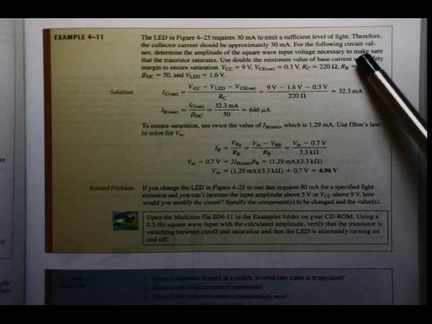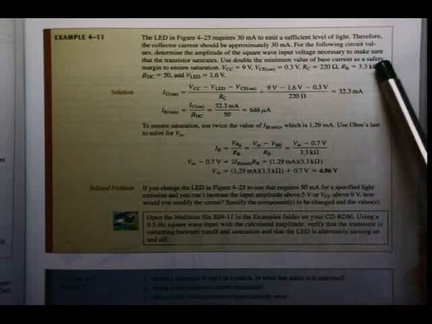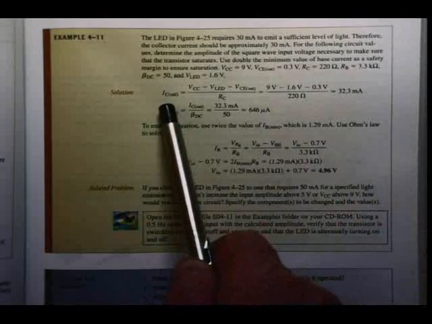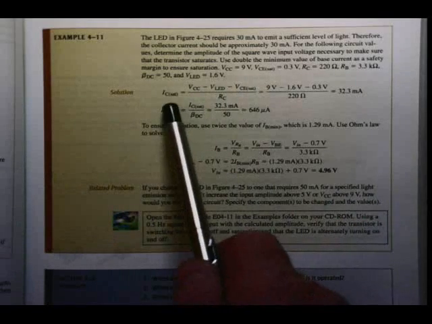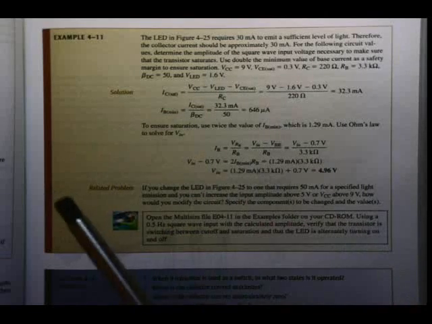Anyway, in this specific case, the question says to determine the amplitude of the square wave input voltage necessary to make the transistor saturate, using double the minimum base current. I've read that already. VCC, and then they give you all the values. Then here I can calculate. Remember now I've got a voltage drop over the LED as well. IC sat is VCC minus VLED minus VCE sat.